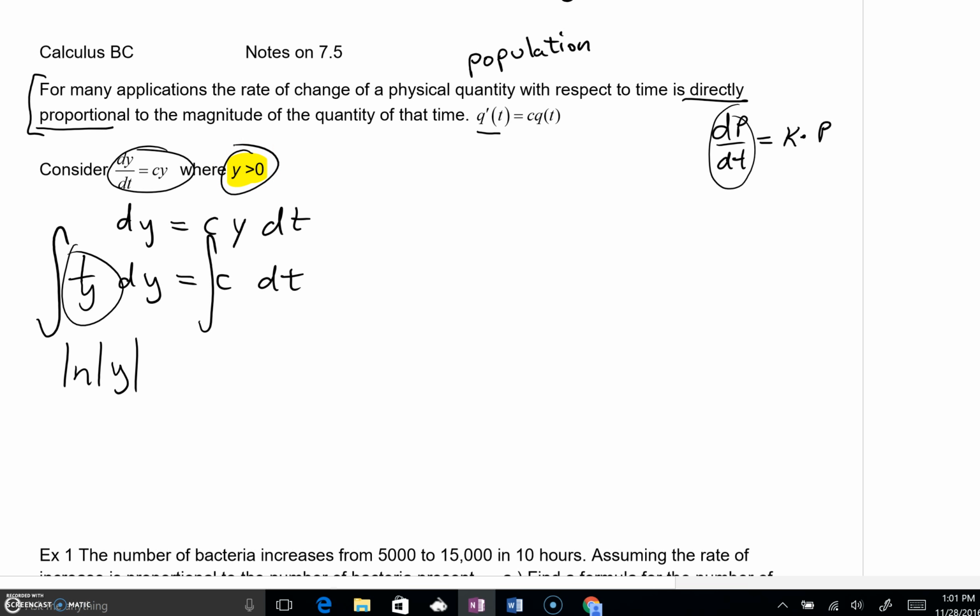We pointed that out earlier, didn't we? So actually the absolute value wouldn't even be needed here. We're going to fix that up in a moment. On the right-hand side, now immediately somebody would say, put in a plus constant there. We could. I'm going to hold off for just a second. How about taking the antiderivative of c with respect to t? What's that? That'd be ct.